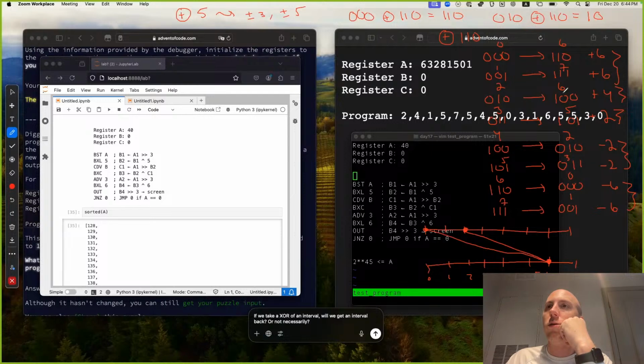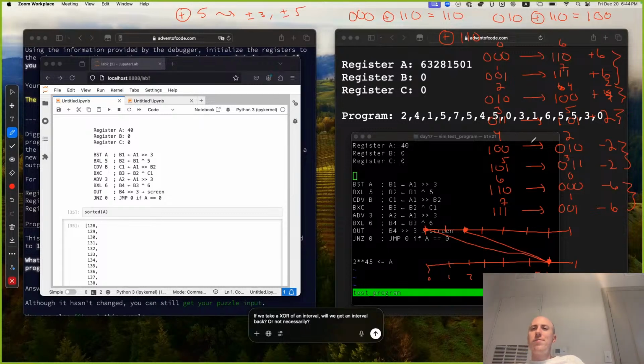So somehow I knew it was 6, even though I wrote it wrong. One oh oh. It should be 4 plus 2.